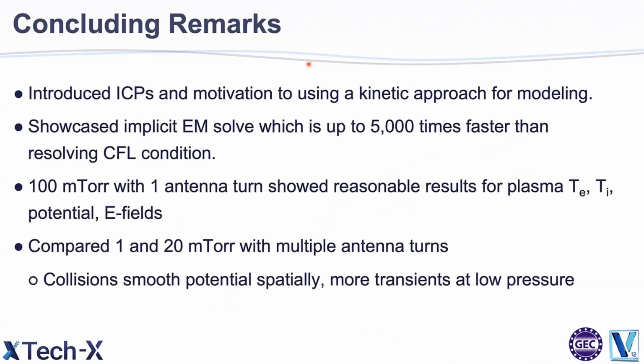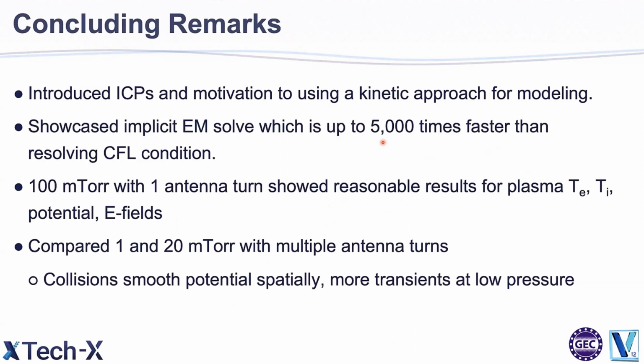So in conclusion, we introduced ICPs and the motivation to use a kinetic approach for modeling. We showcased our implicit EM solve that is up to 5,000 times faster than resolving the CFL condition. I showed results from our example that's at 100 millitorr with 1 antenna turn, and it showed reasonable results for the electron temperature, ion temperature, potential, and E fields.